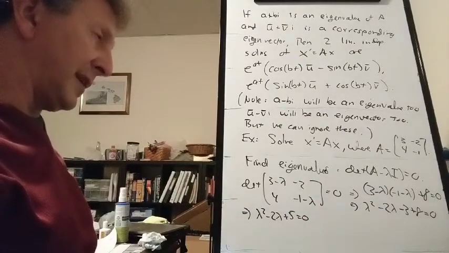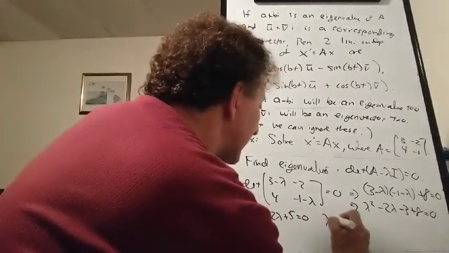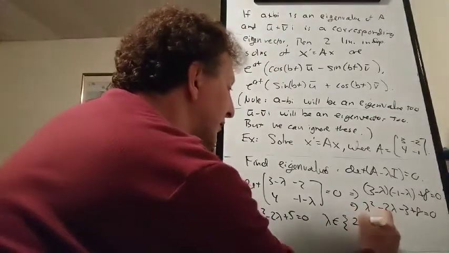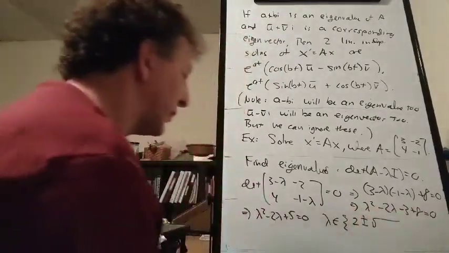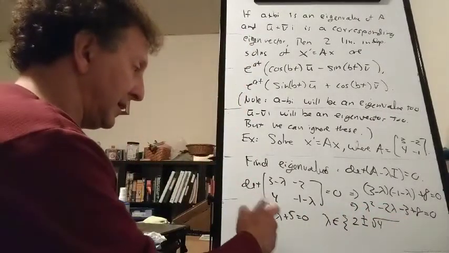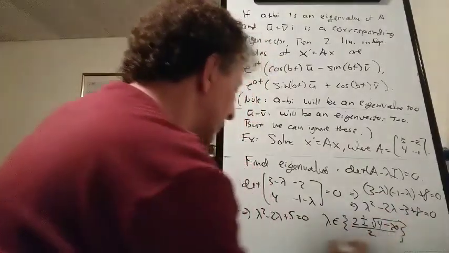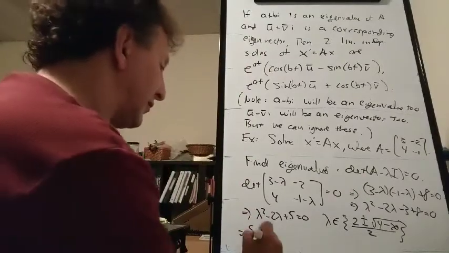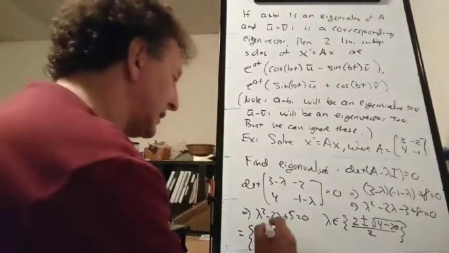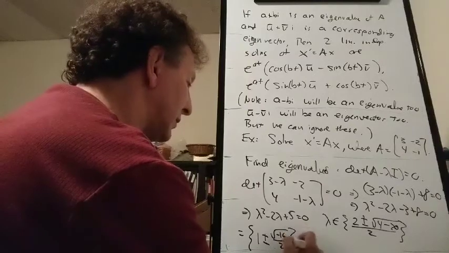I can't see how to factor that, so let's use the quadratic formula. Lambda is going to be negative b plus or minus the square root of b squared minus 4ac, which is 4 minus 20, all over 2a, which is 2. So we have 1 plus or minus the square root of negative 16 over 2.